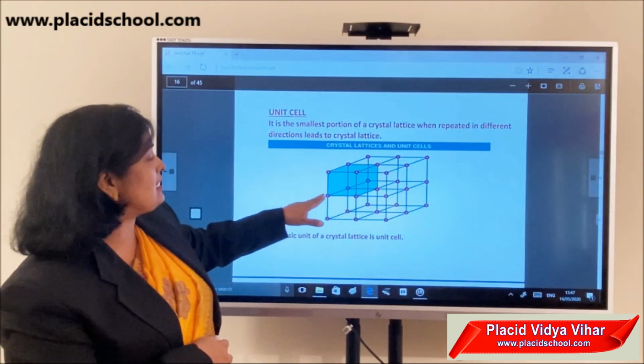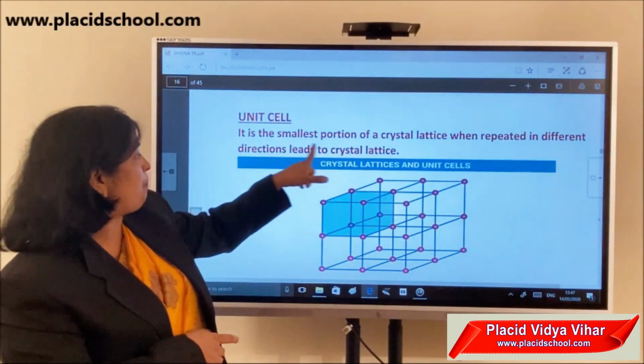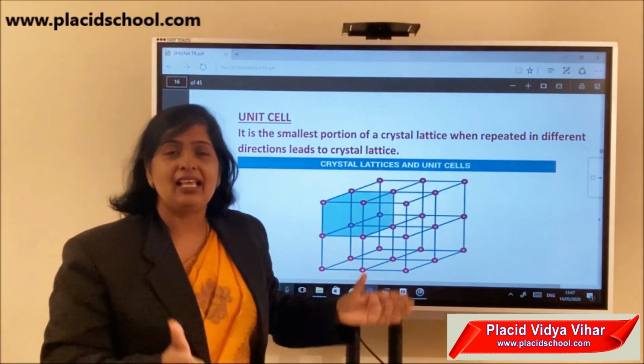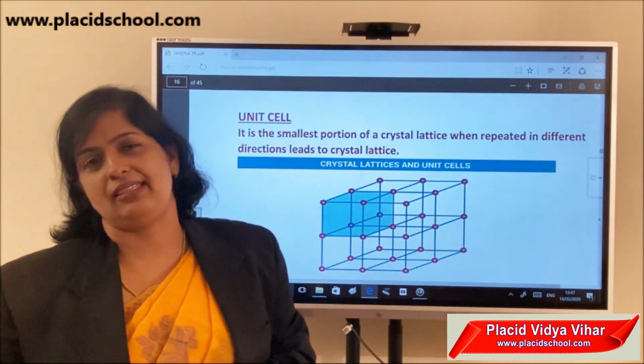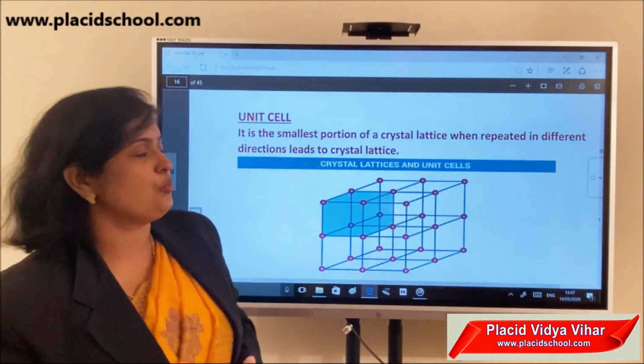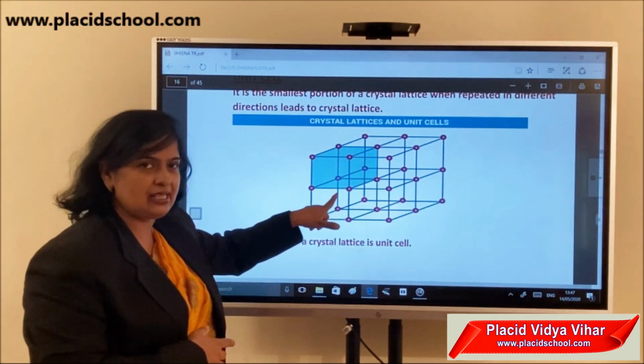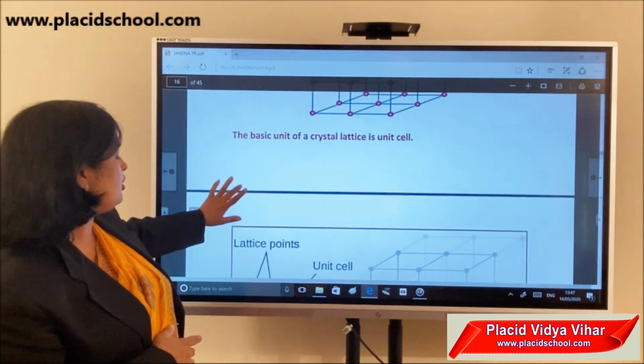A unit cell is the smallest portion of a crystal lattice, which when repeated in different directions leads to the crystal lattice. So the basic unit of a crystal lattice is the unit cell.